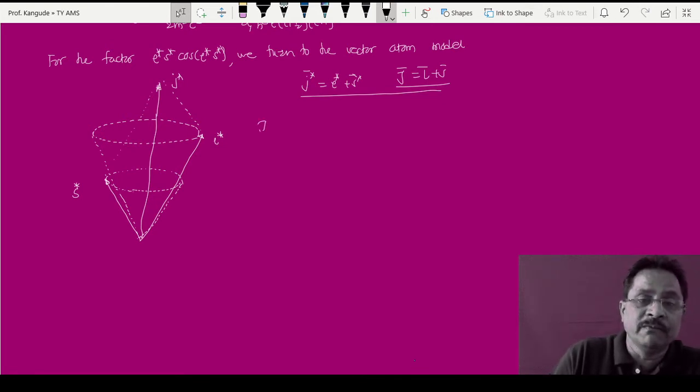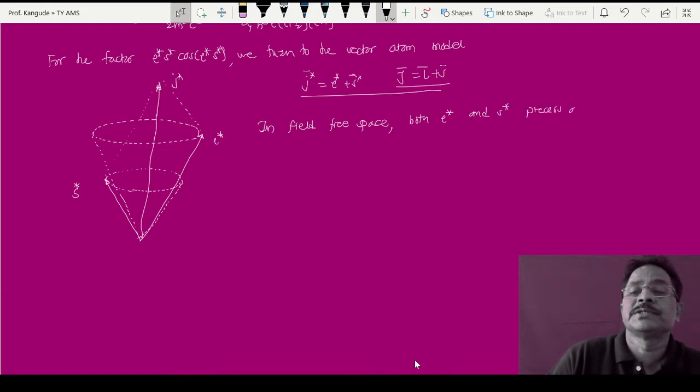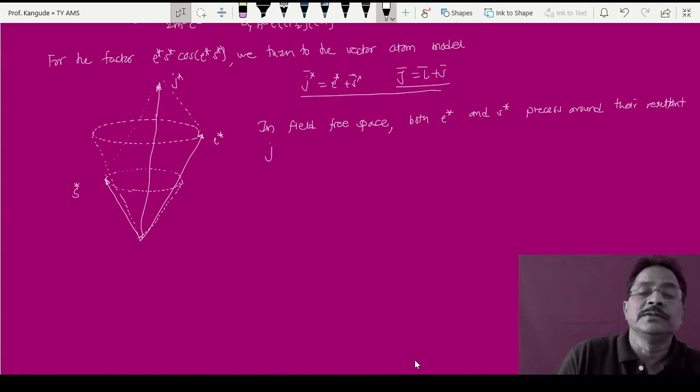So right here in field free space, both L star and S star precess around their resultant J star, okay, according to the law of conservation of momentum.